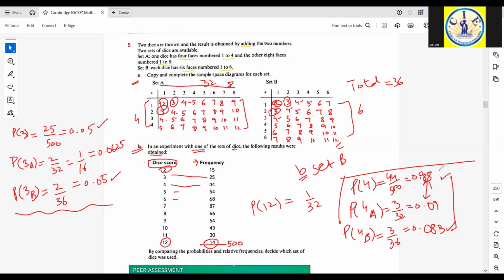So we can say that this data is more likely to be for set B as compared to set A, but set A at the same time is not that far from the results.